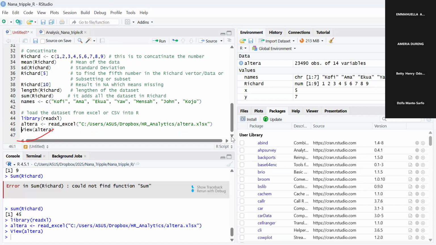Yes, please, Prof. Okay. I asked you to copy this because next time when we are about running the data, you don't need to go and load the data again. Once you run this command, the data will automatically be loaded. If I have 10,000 worth of data and I have all of them loaded here, I don't need to go back and be saying that I'm loading the data set. No, it will automatically load by itself.